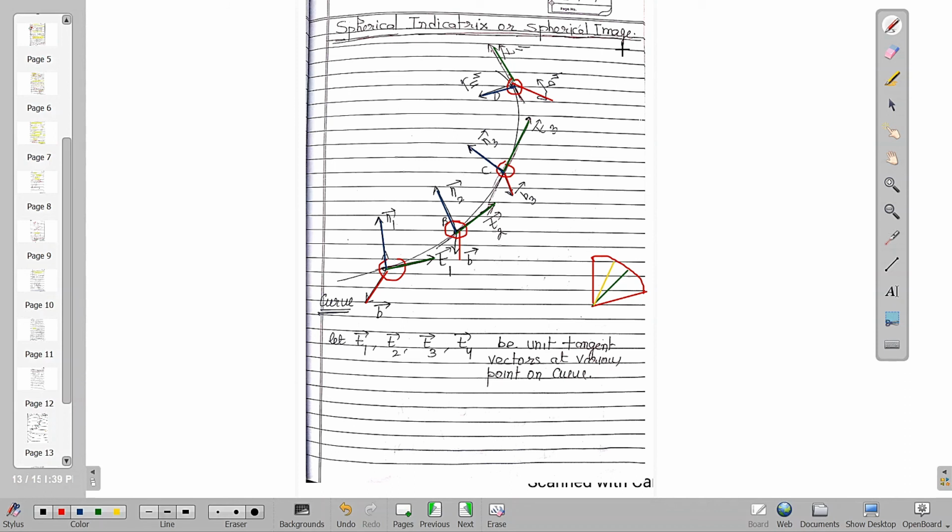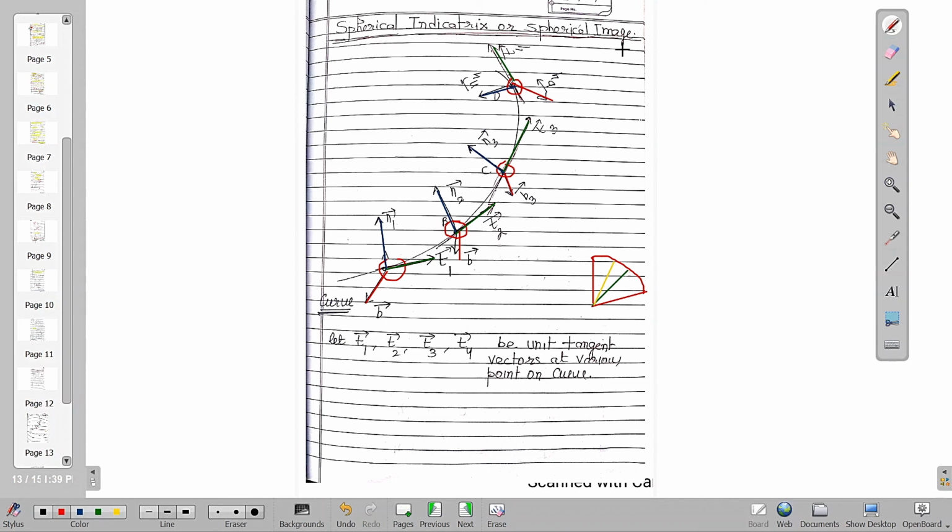So that is the locus of the unit tangent. That is the spherical image of the tangent. If we replace the unit tangent by the principal normal in the same manner, in that case it is called the spherical image of the principal normal.